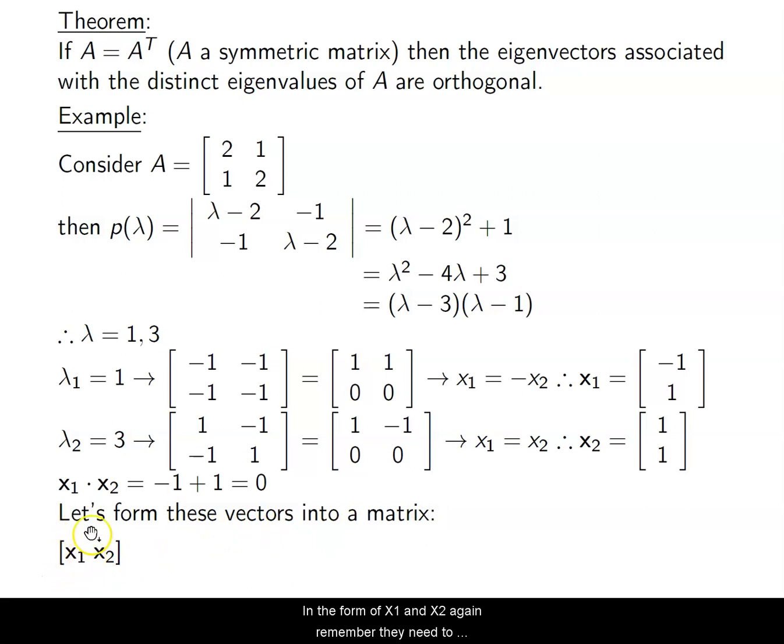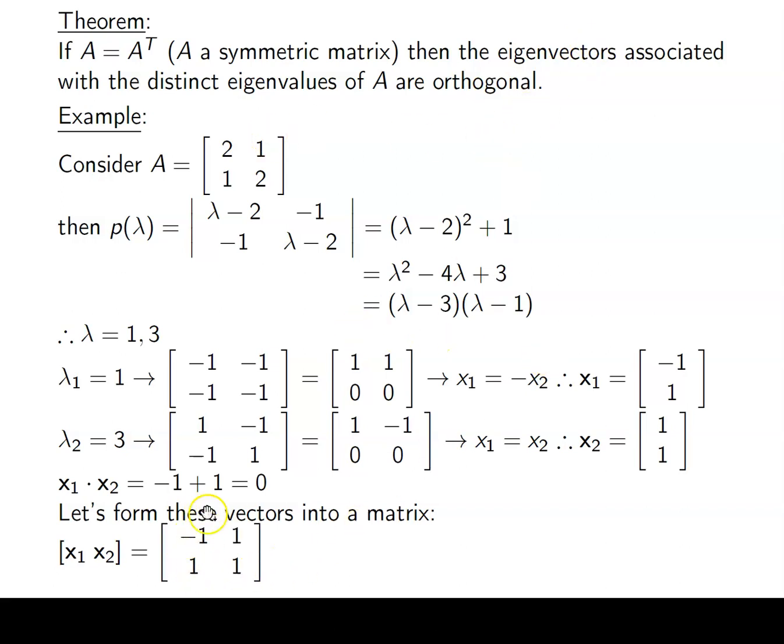Again, remember they need to be in the same order as the eigenvalues that we're using. Actually, I could switch these around if I were to continue to diagonalize it. I just want to make sure I'm keeping track of which eigenvector goes where, so that I place the eigenvalues in the appropriate columns if I proceed to diagonalize, right?